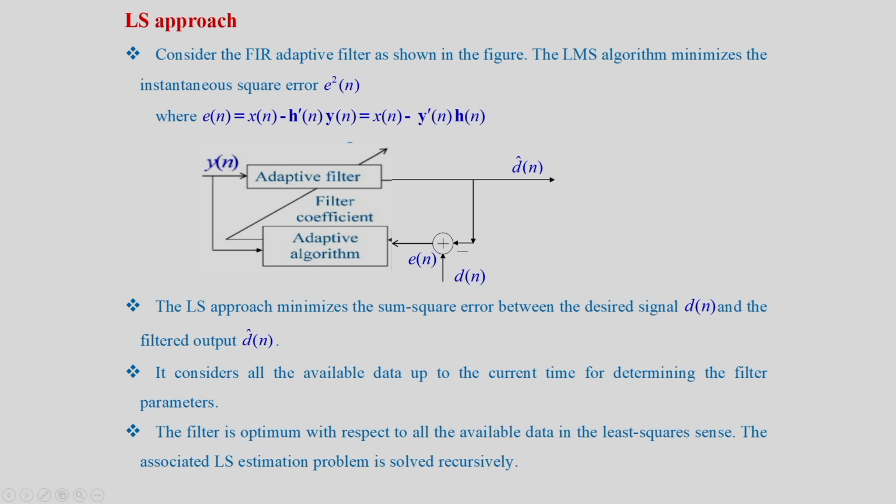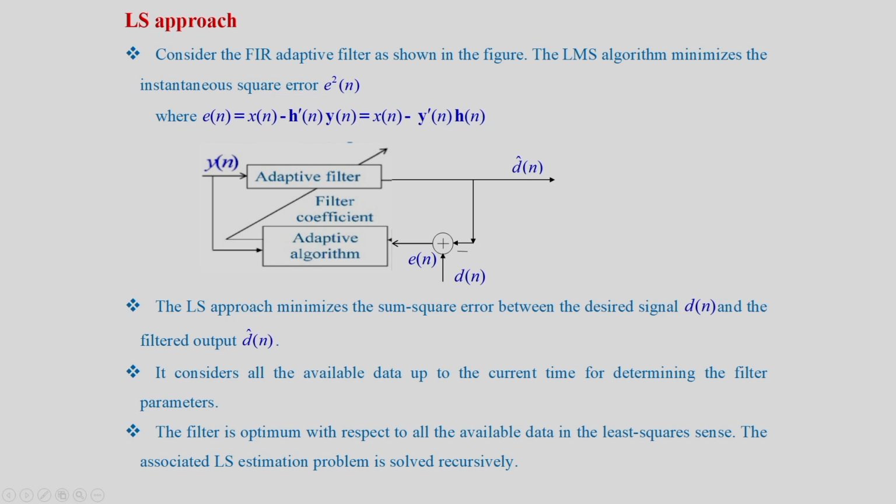Let us see the FIR filter structure for adaptive filter implementation. So, here y[n] is the input signal, this is the FIR adaptive filter, filter output is d̂[n], and it is compared with a desired signal d[n], and d[n] − d̂[n] is the error.